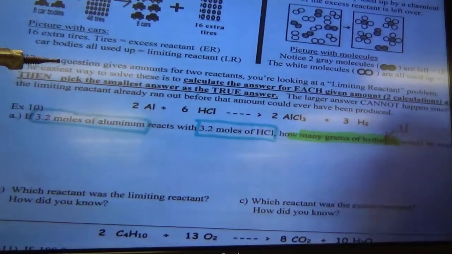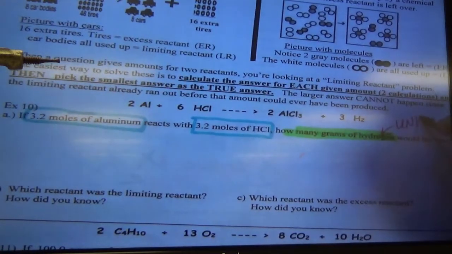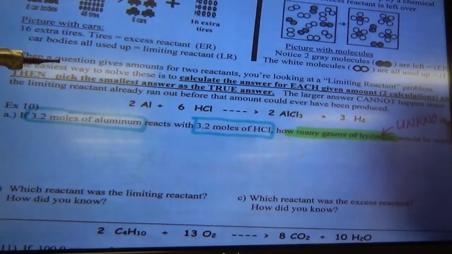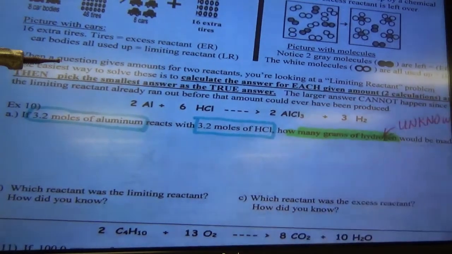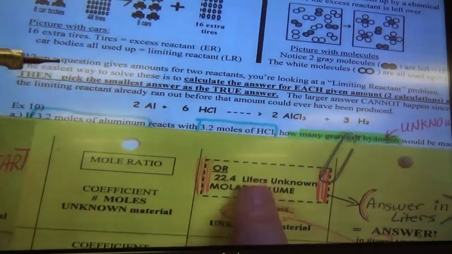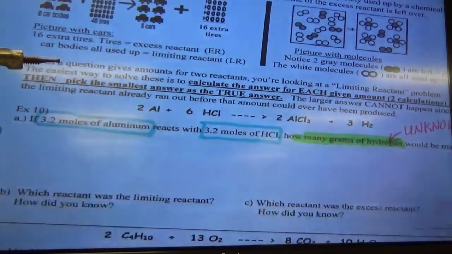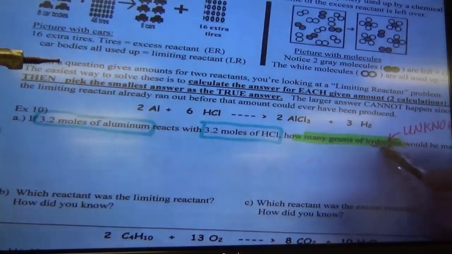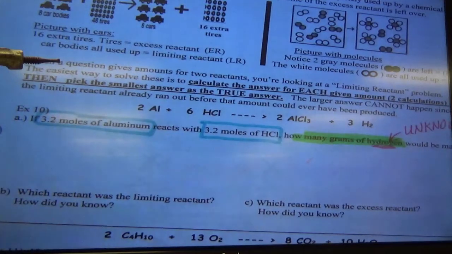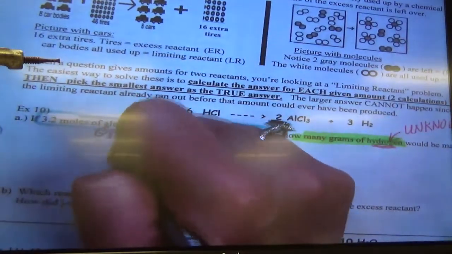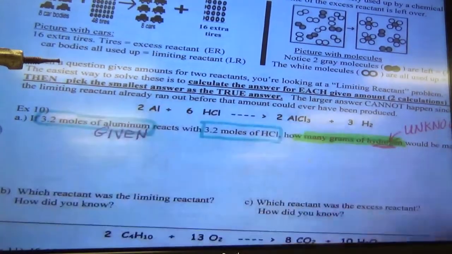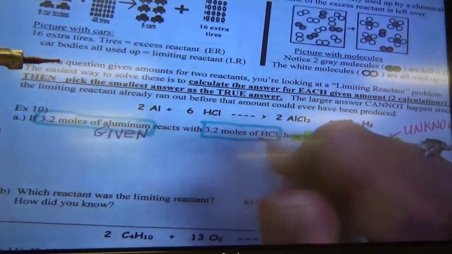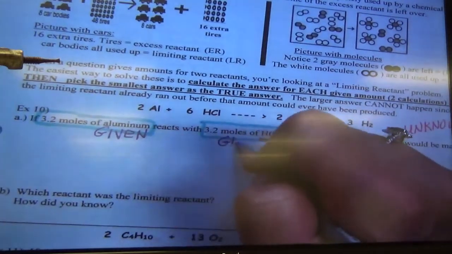For all the calculations, when you look at the foldable and it tells you liters of unknown, grams of unknown, the unknown is hydrogen because that's in the question. And the given, we have two of them. At first we'll have aluminum as the given, and on a separate calculation we will have HCl as a given, but they're going to be separate calculations.